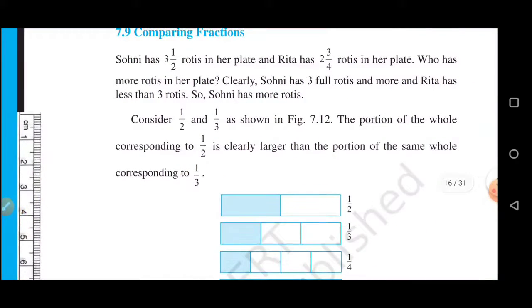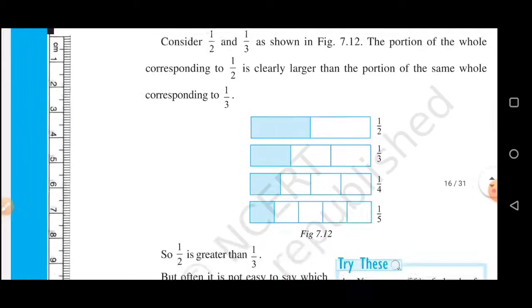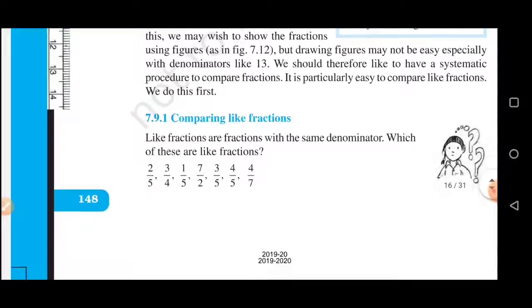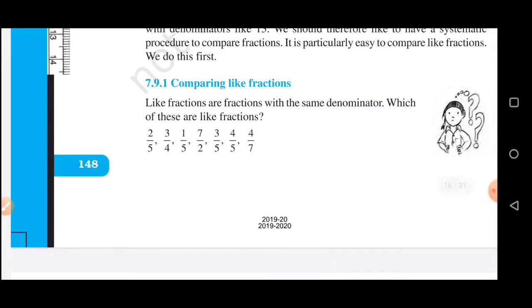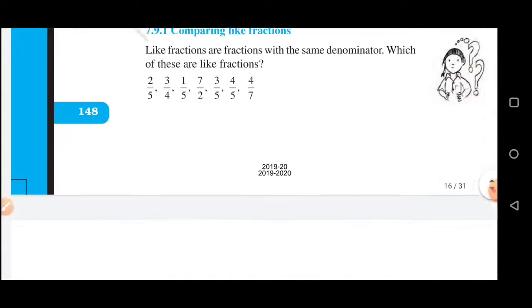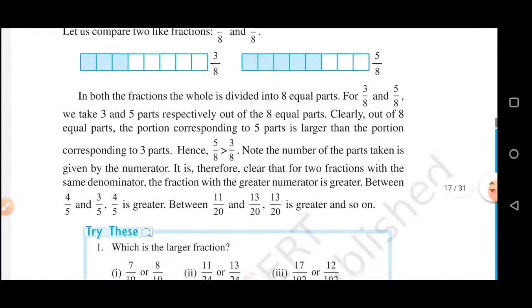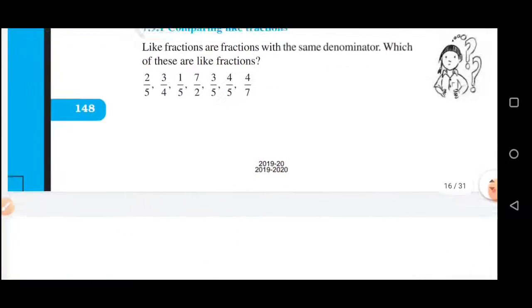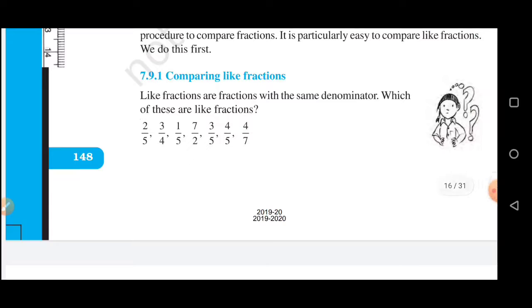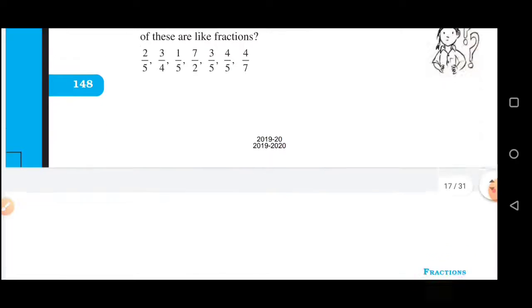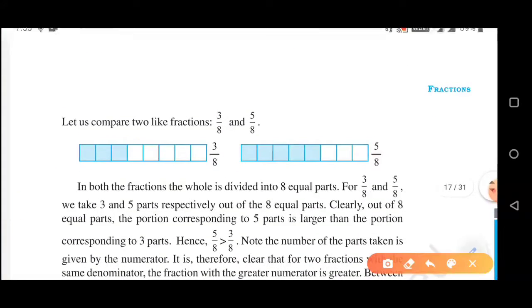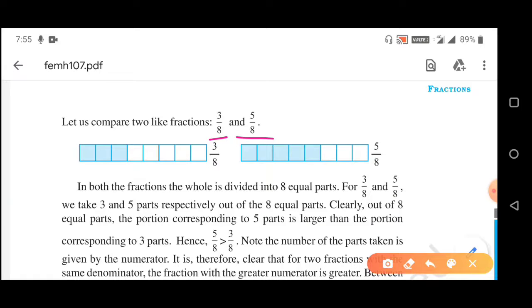Comparing fractions. Whenever we compare fractions, to see which is greater and which is smaller, we compare either like fractions or unlike fractions. So how will we compare like fractions? Suppose we have 3 by 8 and 5 by 8.